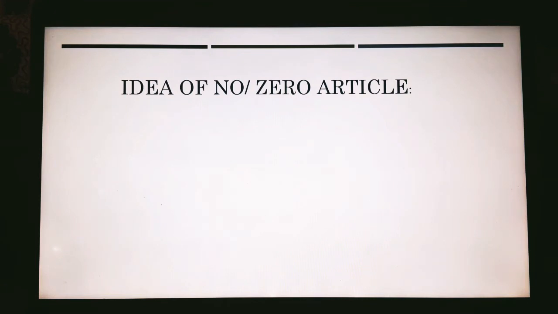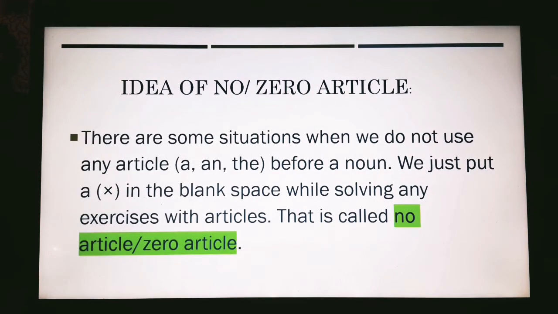Idea of no or zero article. There are some situations when we do not use any article, a and the, before a noun. We just put a cross mark in the blank space while solving any exercises with articles. That is called no article or zero article.